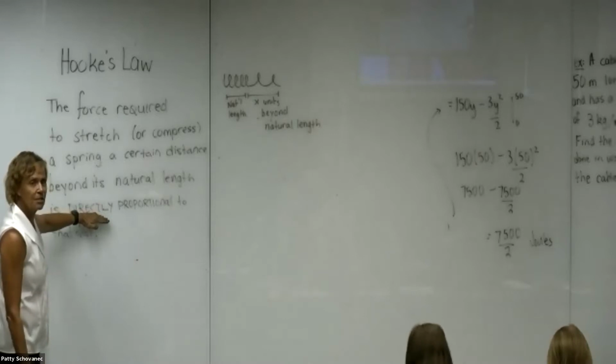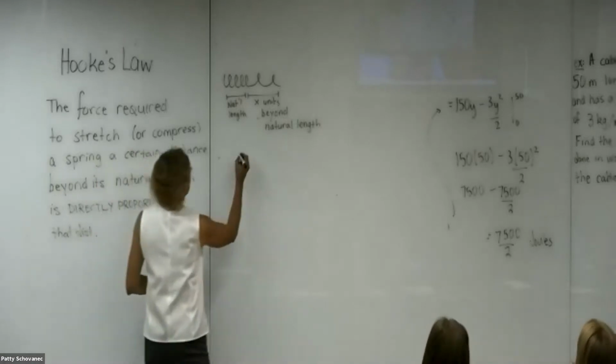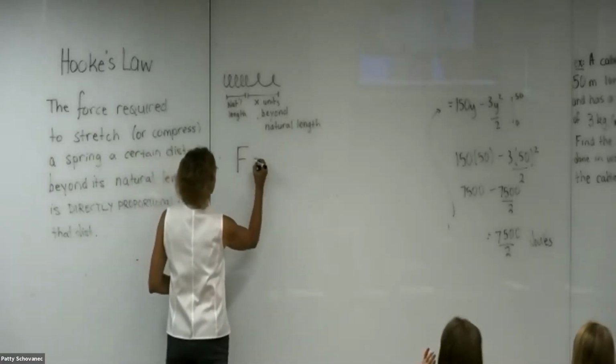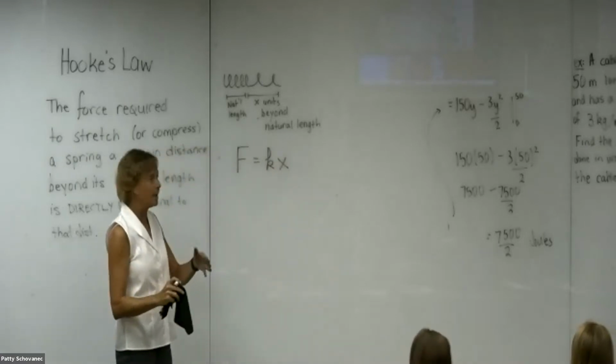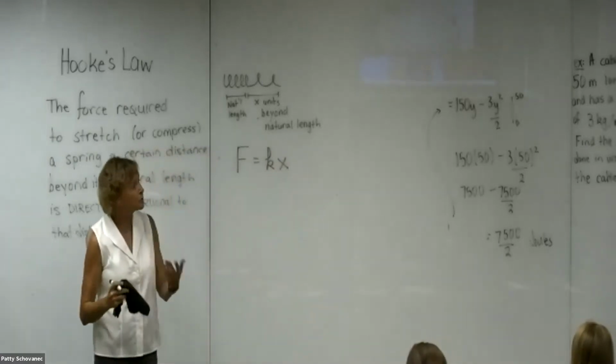There's going to be some constant of proportionality: force is some constant times this distance. Each spring has its own constant, called the spring constant.